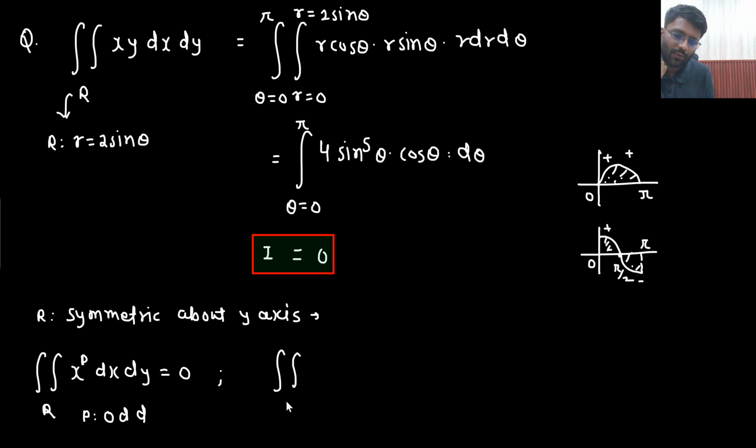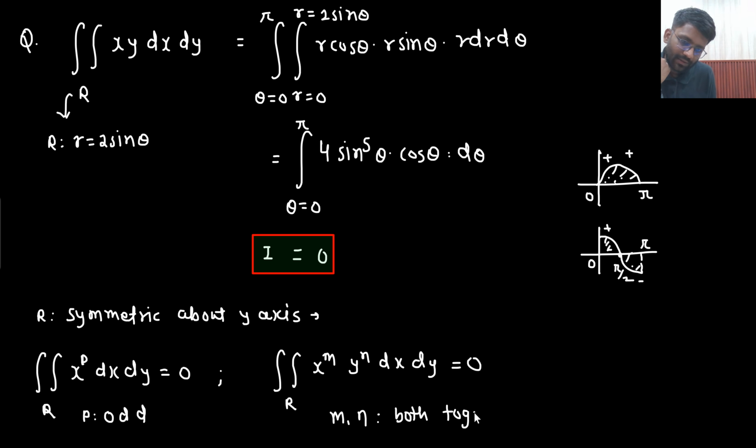Along with that, for the region R, x to the power m, y to the power n dx dy would also come out to be 0, where m and n are not both even. Is that conclusion clear to you or not?